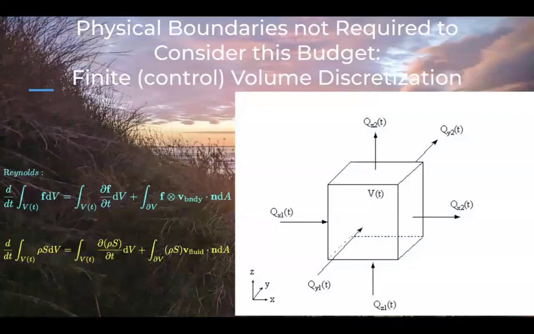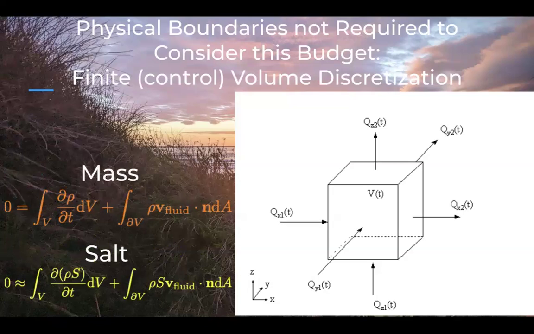So let's start thinking about little boxes. You take a little box, we could have stuff flowing in and out in different directions. And then there's stuff inside the box, which could grow or shrink. And we would just reinterpret these integral equations from our Reynolds transport theorem into flows in and out of the box.